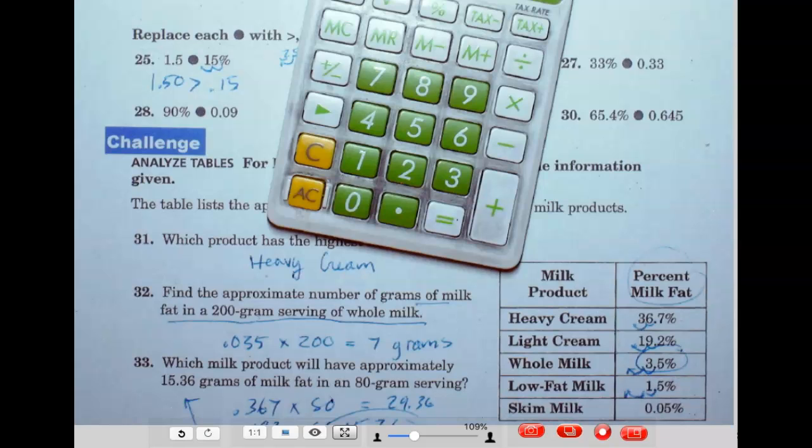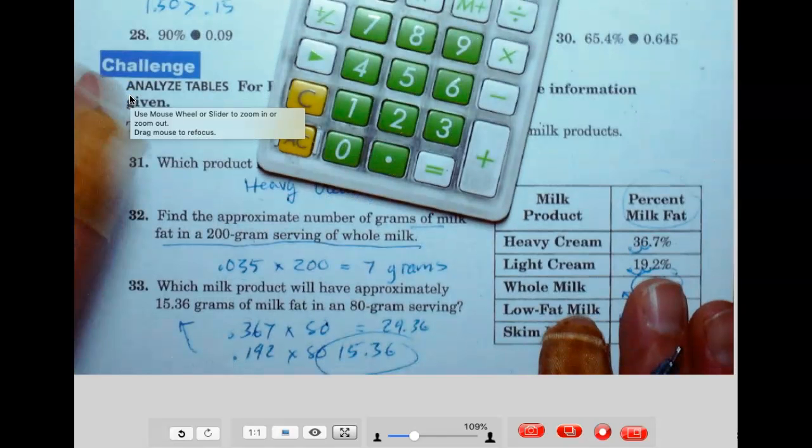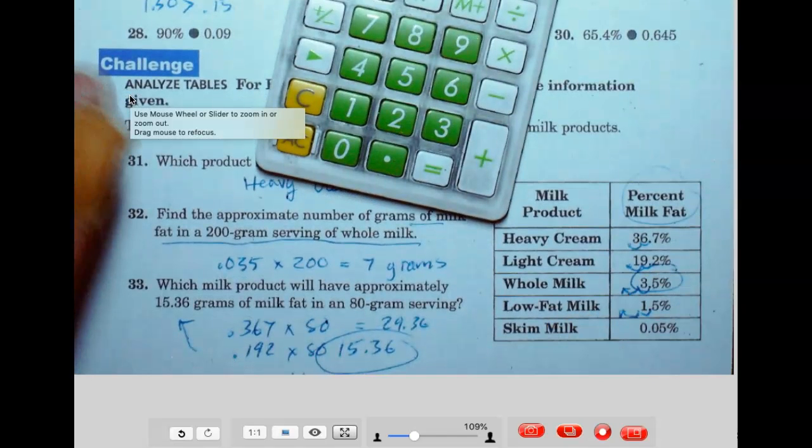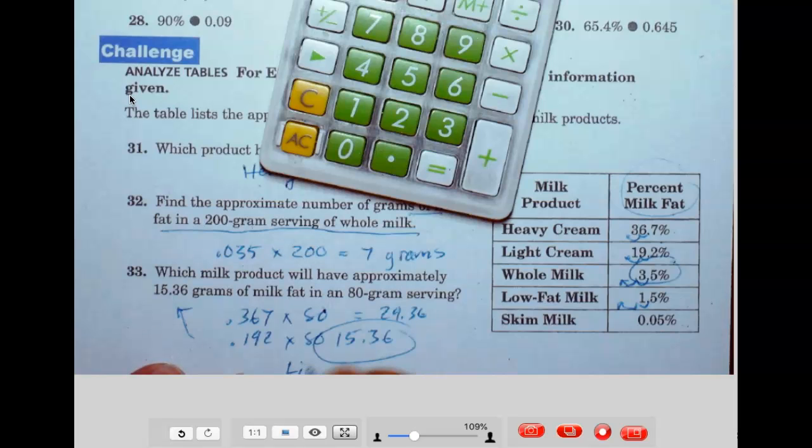Sorry, I got to slide down. So the heavy cream came out to be 29.36 grams, but light cream worked out to be 15.36 grams. Okay. All right. Good luck finishing that.